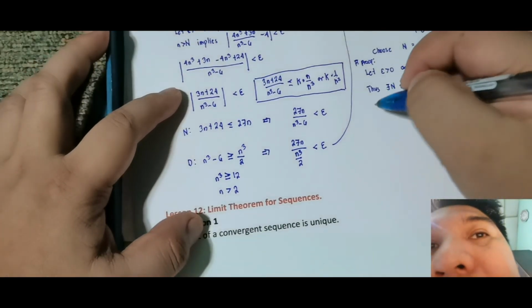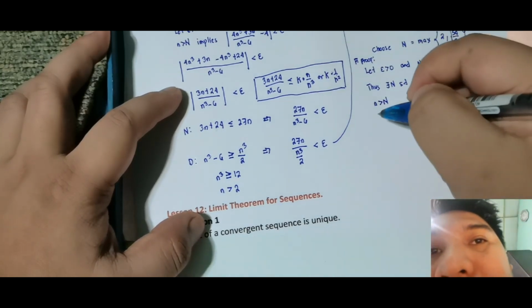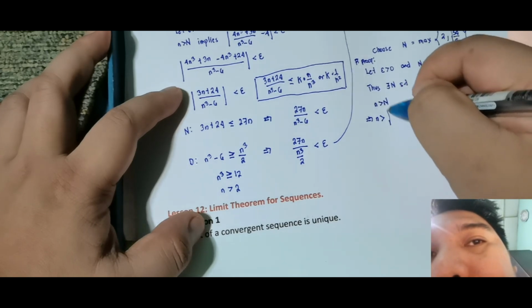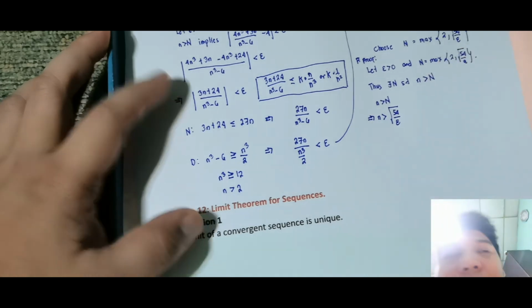Okay? So, consider natin si n greater than N. And this implies that n is greater than square root ng 54 over epsilon. Okay?